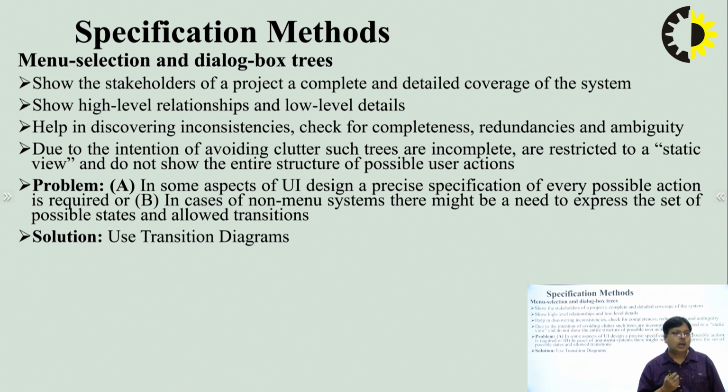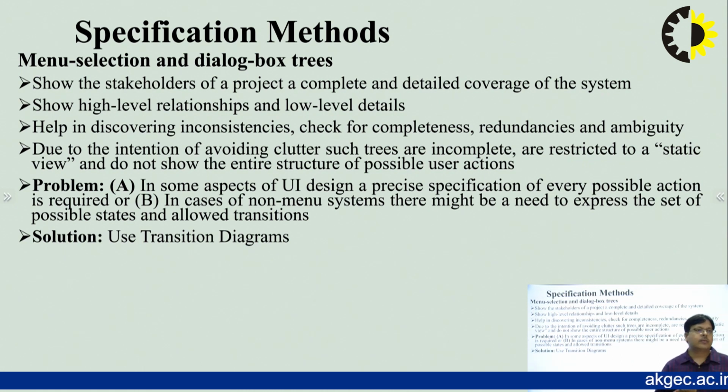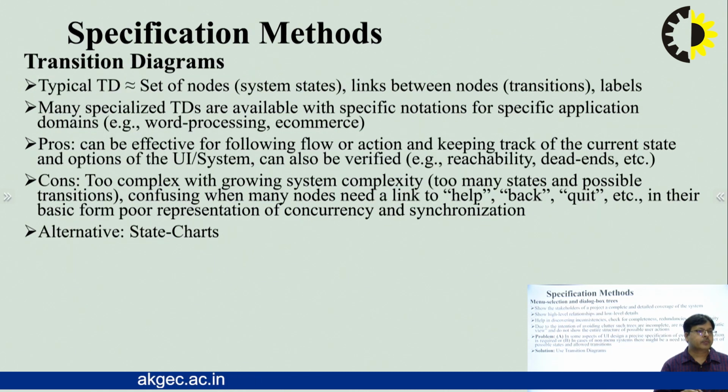And in the case of non-menu systems, there might be a need to express the set of possible states and allowed transitions. So a better solution for enhancing the model or visibility is the transition diagram, right?